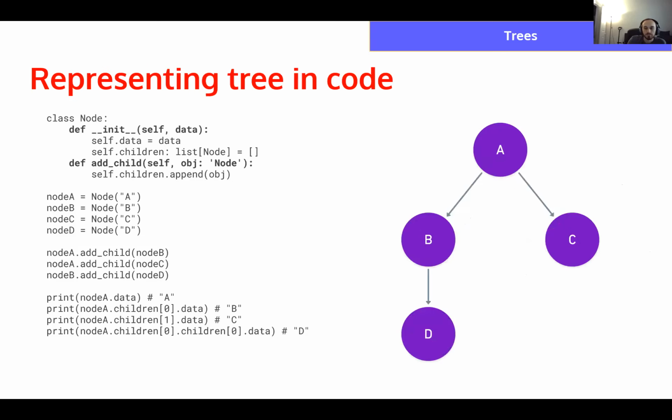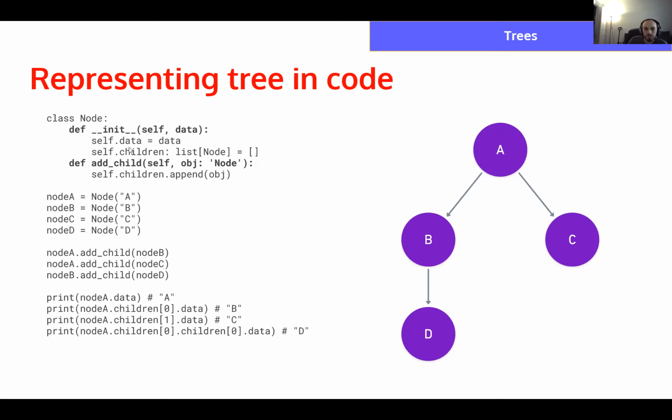And just the final thing before we get into some specifics about how to use trees is how we might represent them in code. So it's generally pretty easy. A tree node just has a value or some data and a list of children. I hope that you are at least vaguely familiar with Python.